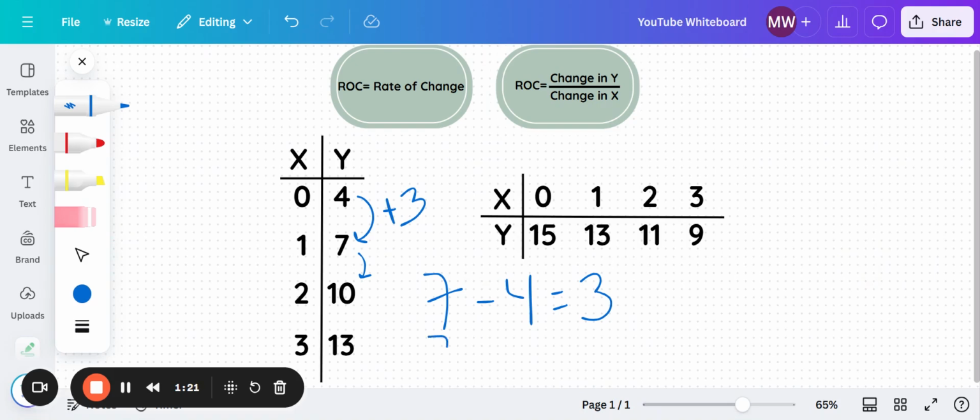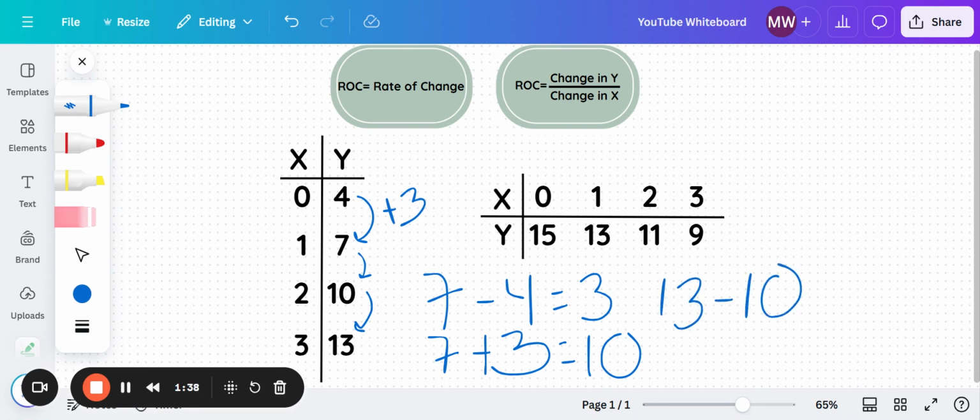I have to be able to do 7 plus 3 and get 10, which is my next number on the table. If I didn't know, I can use any pair and work backwards and subtract. So I can do 13 minus 10, and I get 3. So every time I am adding 3 to my y's.